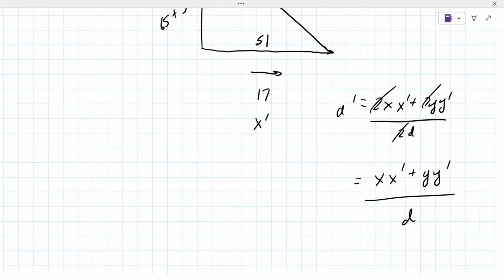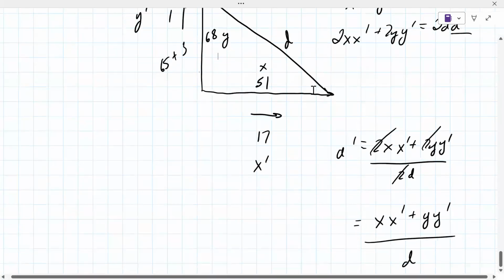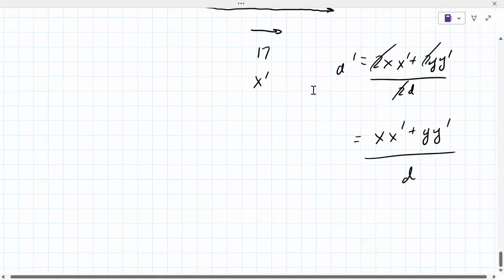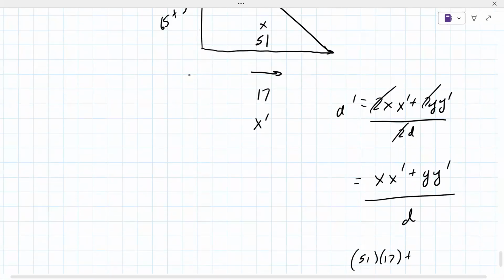And so we have these values. We have x is 51, x prime is 17, and this is y prime. We've got everything. So we got 51 times 17, y was 68, times 1.